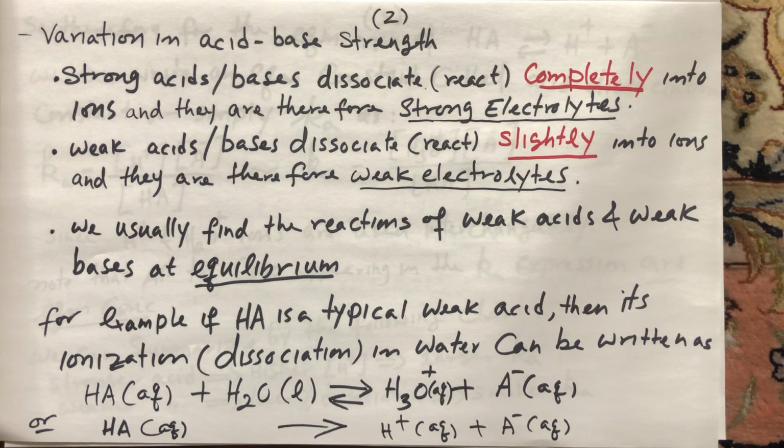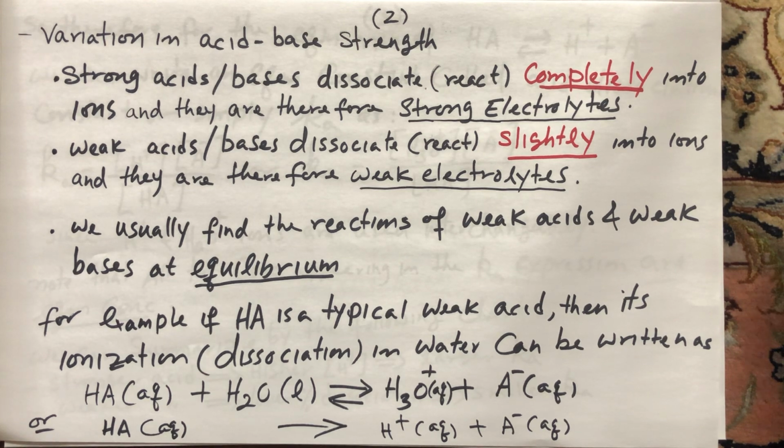Now, the H3O plus, of course, on the right-hand side is formed because HA is an acid and it releases a proton or donates a proton to water. Water accepts the proton and it becomes H3O plus. And of course, HA, which is the acid, has lost the hydrogen ion, so therefore it becomes A minus.